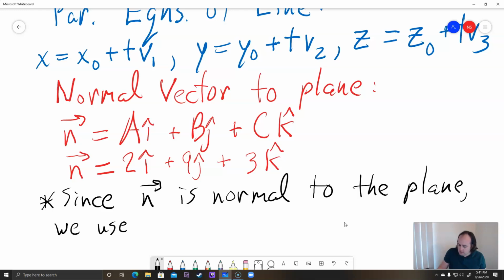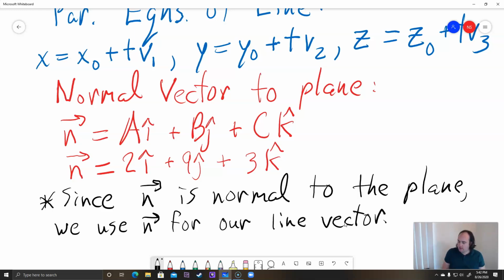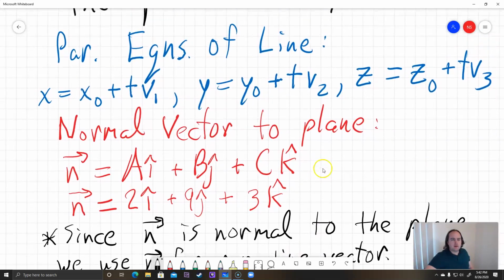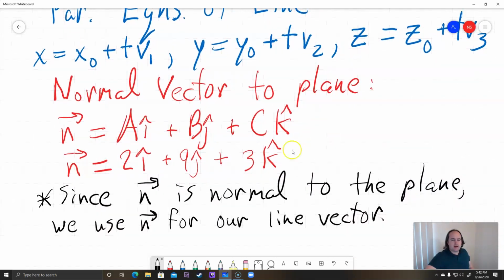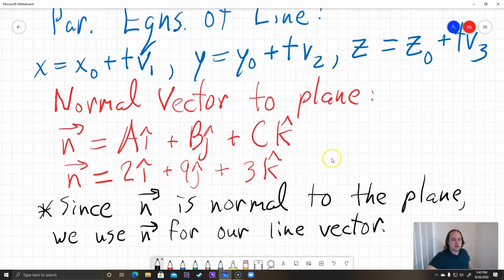we use n for our line vector. Okay, so we use n for the vector for our line to pass through. Okay, so we want our line to be parallel to this.